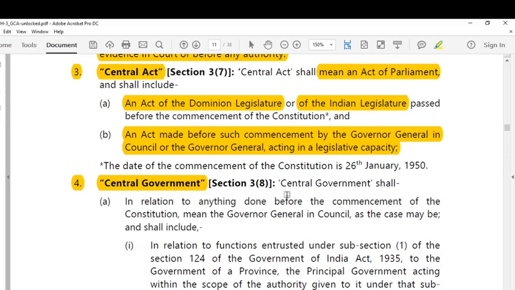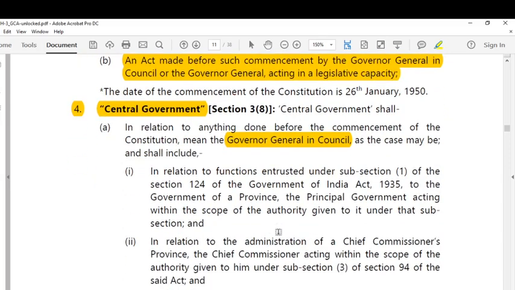Central government shall, in relation to anything done before the commencement of the constitution, mean the governor general in council, in relation to functions entrusted under subsection 1 of section 124 of the Government of India Act 1935 to the government of province or the principal government acting within the scope of the authority given to it under that subsection.